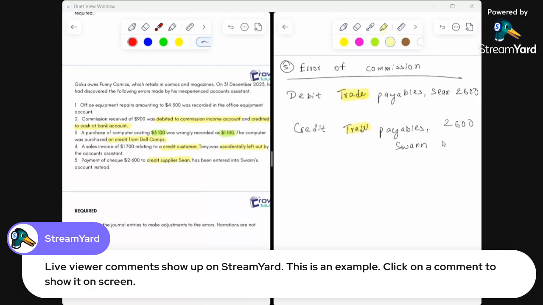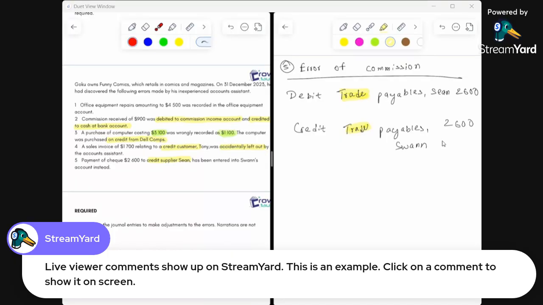So this error falls in the same category of trade payables or liabilities, but in the wrong accounts, because you can have multiple trade payables or credit suppliers in your business, right? So you made a payment to one of the suppliers, but you made a mistake by recording this in the account of the other supplier.